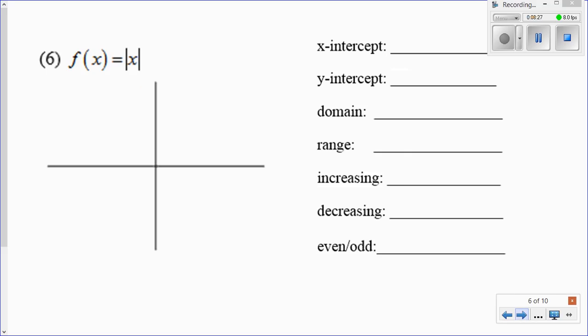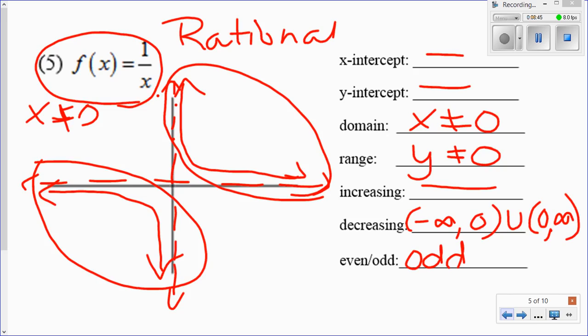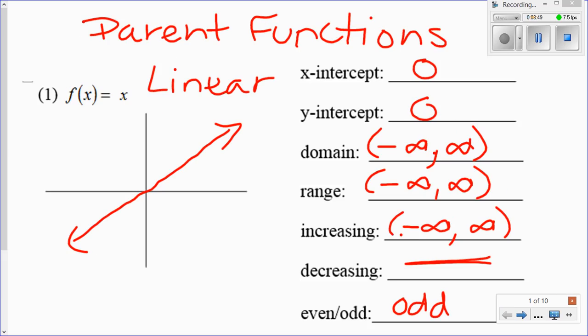Okay, number 6. This is the absolute value function. You might recognize the absolute value symbol. So its graph actually looks like a V. What's happening is, it's like graphing your linear function, but where we get negative y values, the absolute value is going to make those positive, so it basically just flips that part of the graph up.